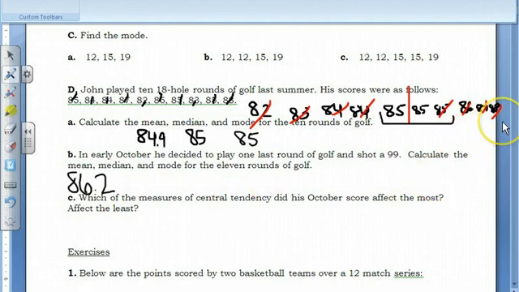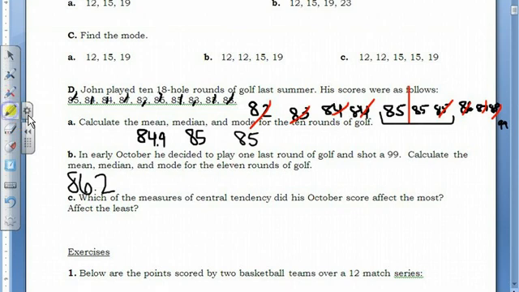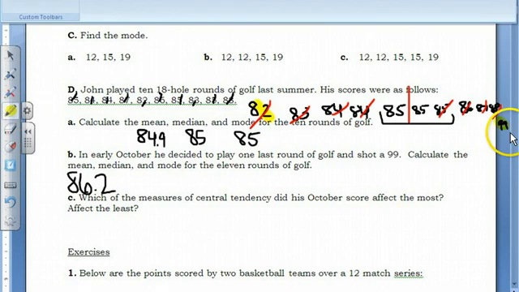If I add this 99 in the end here, and then we'll cross off again. I'm going to switch colors so I don't get confused. The median is 85. And the mode is still 85.